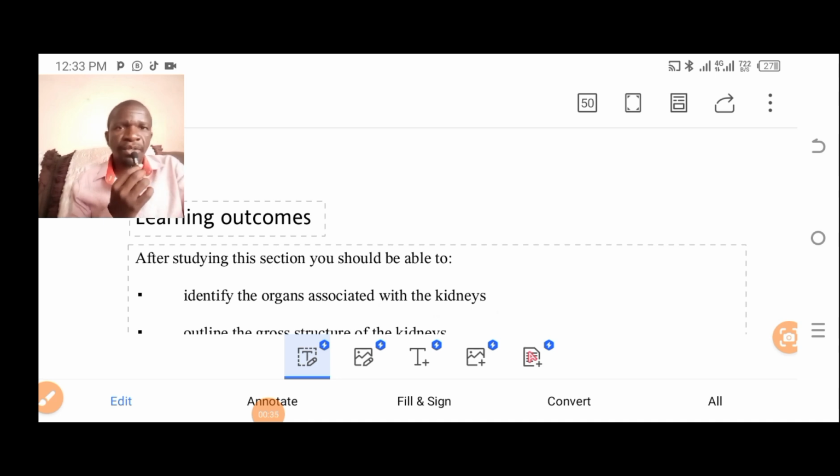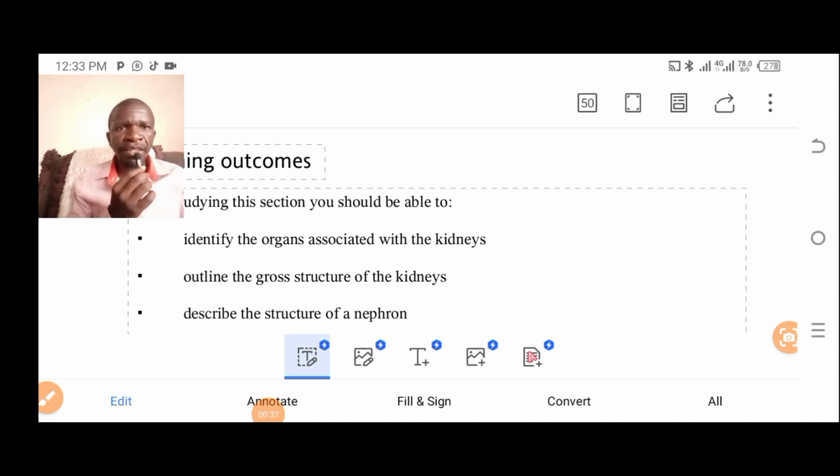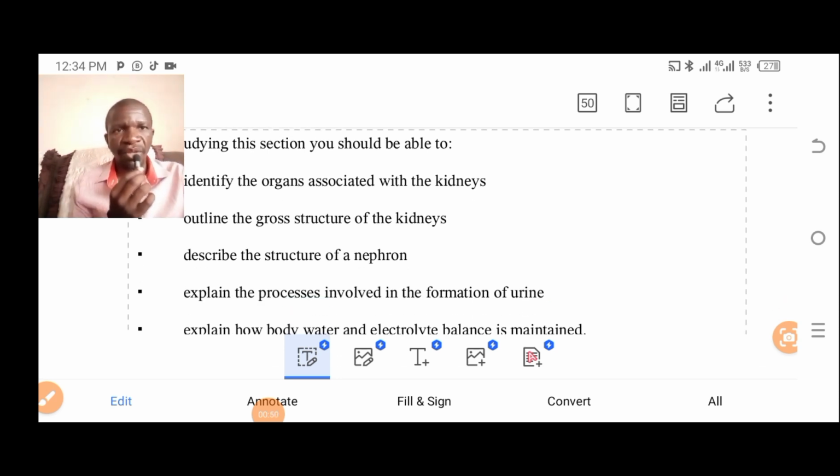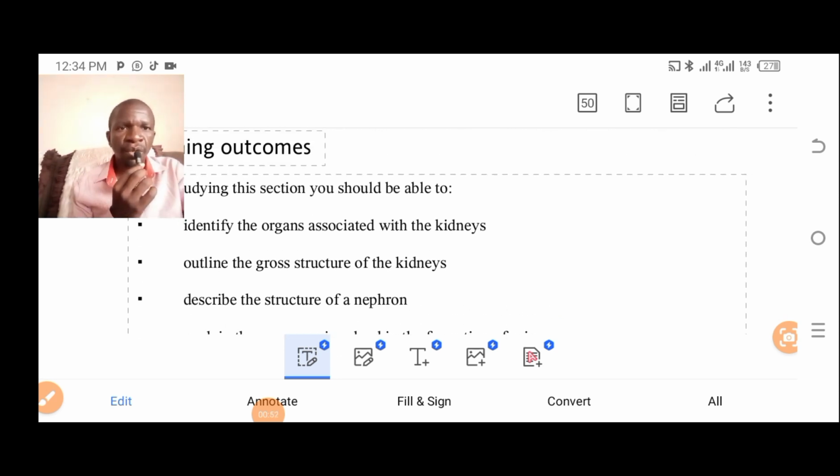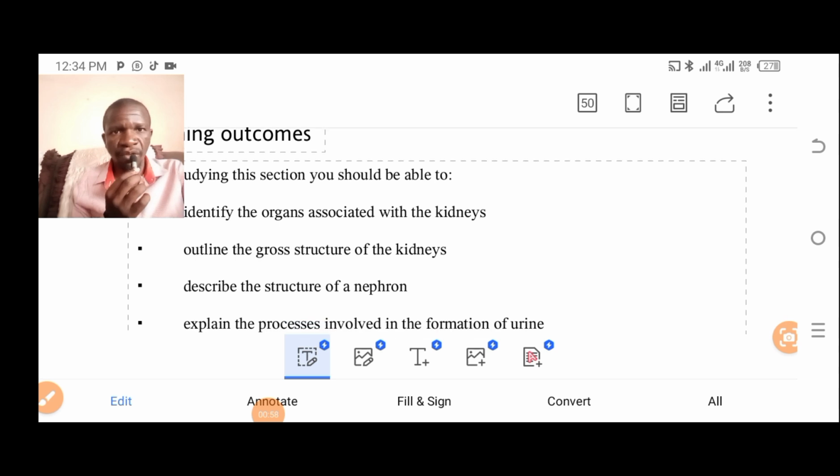So the learning outcomes here: after studying this section, you should be able to identify the organs that are associated with the kidneys. What are some of those organs that are closely related to the kidneys and work together with them? Outline the gross structure of the kidney.